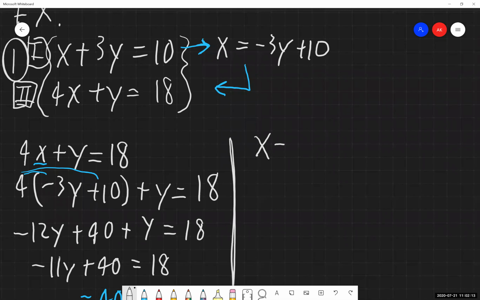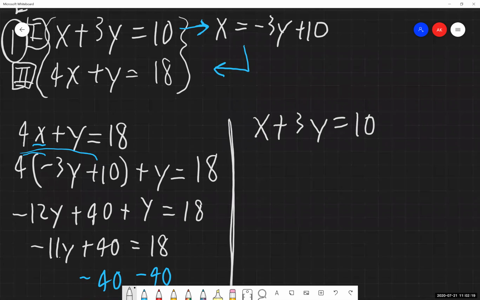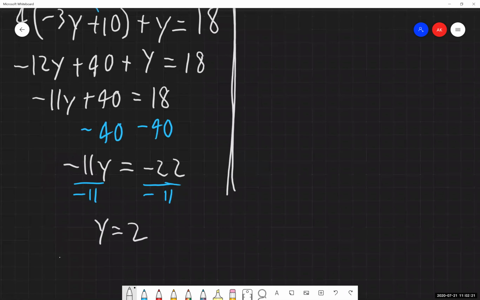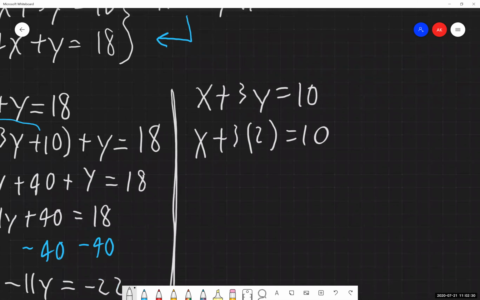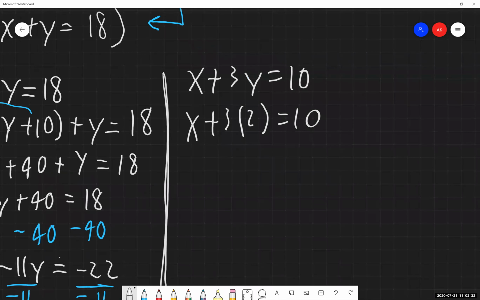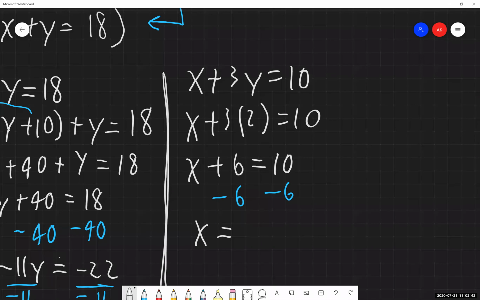So I'm writing out my original equation that I'm using, equals 10. We found a y value of 2, so that's what I'm substituting in. And now from here, I'm just solving for x. I'm finding that x is equal to 4.